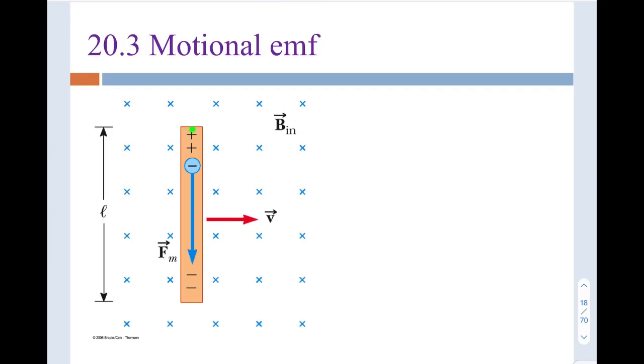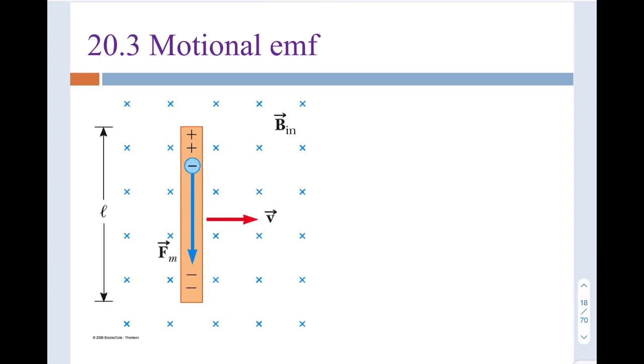For example, you have a long straight conducting bar like this, placed within an external B into the page, and this conducting bar is pulled to the right at constant velocity. Whenever it is pulled to the right at constant velocity, a free charge within this conductor is going to experience F magnetic, based on right hand rule number 1.